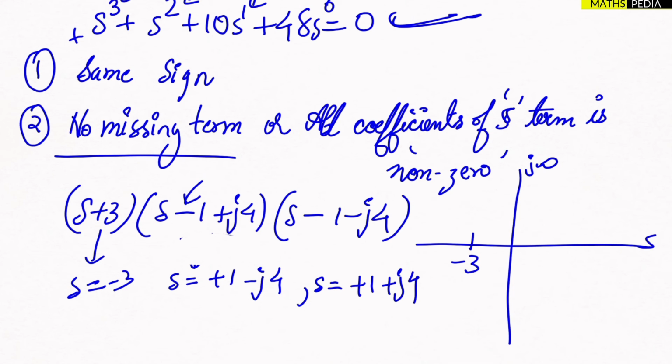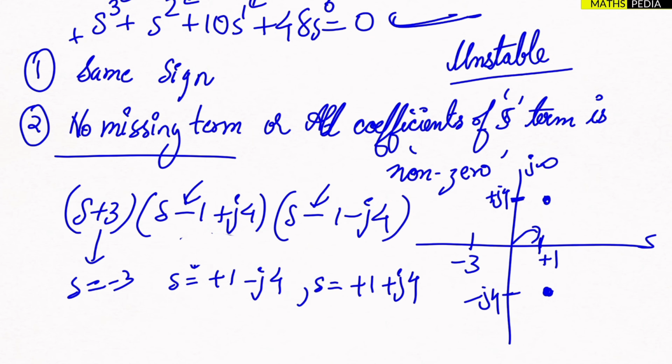So plus 1 is there, positive j4 will be somewhere here, and negative j4 somewhere over here. So the points will be here and here, and these are on the right half of the s plane, so the system is unstable, but these two conditions are satisfied.